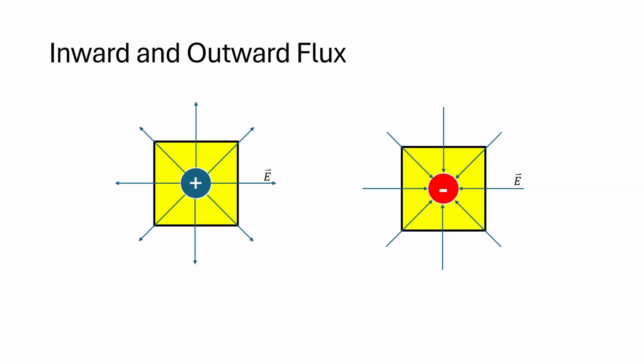That is the outward flux, and we can compute that by using the different equations in determining the electric flux. So take note again that if the particle is positive inside a particular container, the electric field is directed outward. And if it is negative, the electric field is directed inward. That is why it is called inward flux.